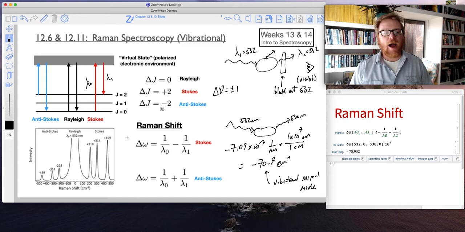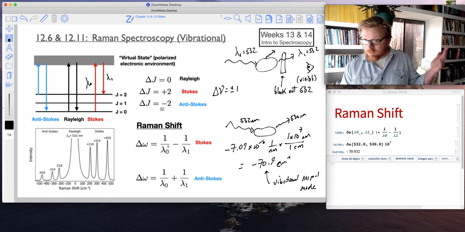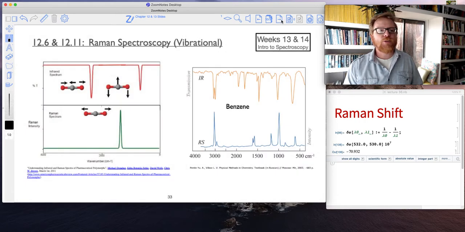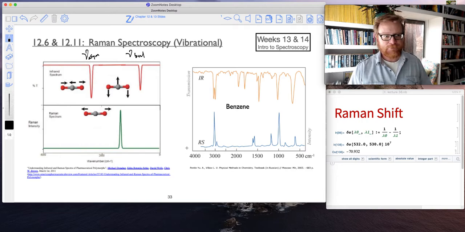And so typical Raman shifts are going to correspond to vibrations. So we're going to see Raman shifts that are like a couple thousand wave numbers, okay? So here's a great example. Here is the IR spectrum of CO2, where we're seeing the asymmetric stretch and the bend.